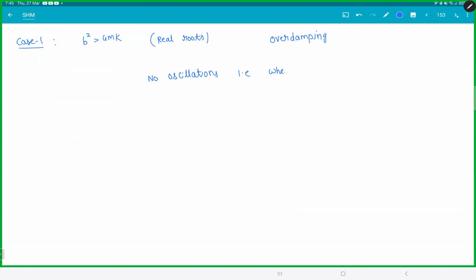That is, when you stretch the system and leave it, it comes back to mean and stops. It won't oscillate, it will just come back to mean and stop. So tell me one thing, when you are going on a vehicle, you have shock absorbers, no?